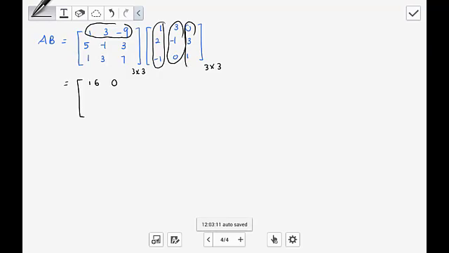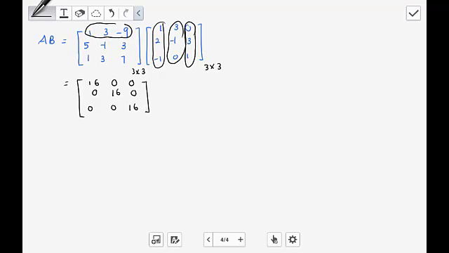Then row 1 column 3: 0 plus 9 minus 9, you will be getting 0. If you continue this, you will be getting 16, 0, 0, 0, 16, 0, 0, 0, 16. So this answers your first question, find AB.